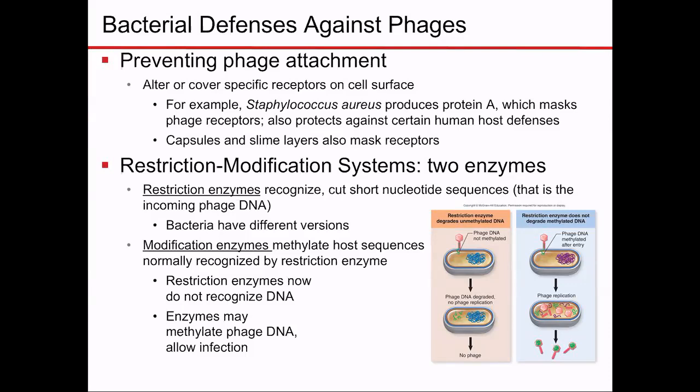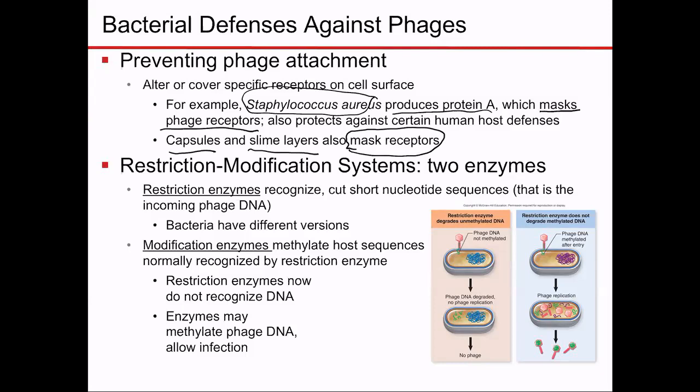Sometimes some bacteria like Staphylococcus aureus will produce proteins on the surface of the cell that will mask the phage receptors, not allowing the virus to reach that receptor in order to attach. And if the first step of attachment is not happening, it's impossible for the virus to continue with that infection. Also, bacteria that produce capsules and slime layers may, on occasions, prevent that virus from binding to the receptor because they could be just masking those receptors, not allowing the virus to get access to them.